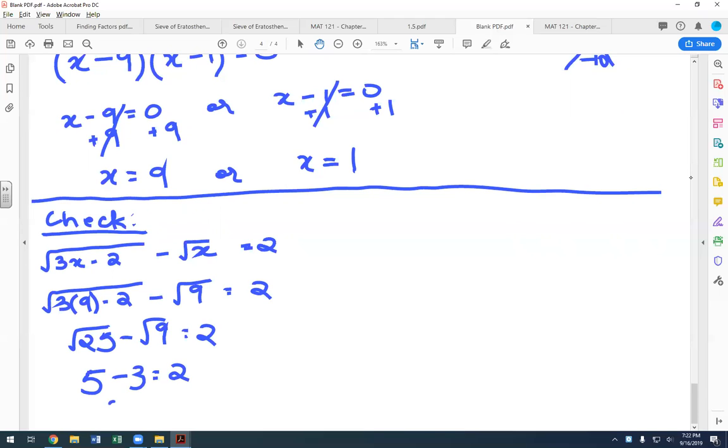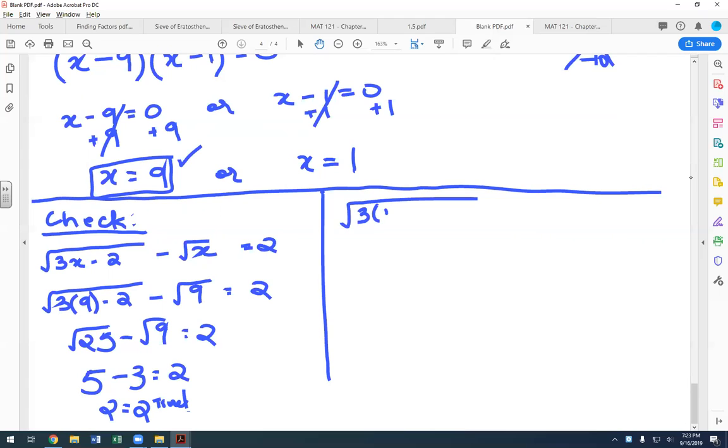Alrighty, so it looks like we're getting 2 equals 2. That's a true statement, which means x equals 9. You are good to go. Alright, let's do the same thing with x equals 1. That will be square root of 3 times 1 minus 2, minus square root of 1 equals 2. Does that look like something that might work?